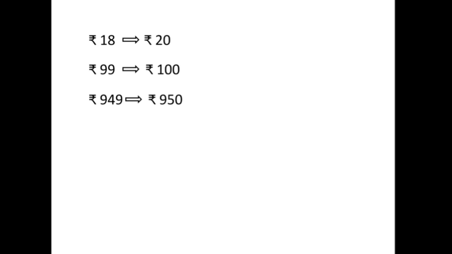If we see the first number, 18 becomes 20. Here the ones place is 8 and in 20 the ones place is 0. The tens place 1 is increased by 1 more. So 1 plus 1 is 2. So we have added 1 to this tens place, and we got 20.